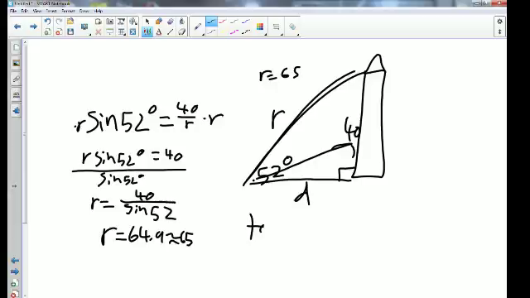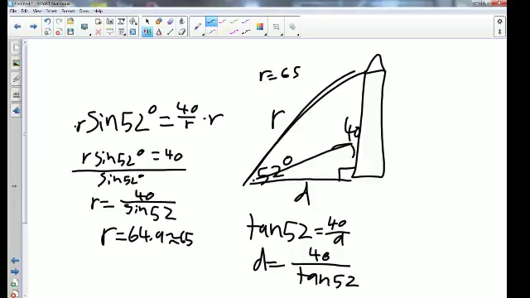So tan 52 degrees equals 40 over D. It's opposite over adjacent, tripping on acid. Then you do that same thing over here, which gives you D equals 40 over tan of 52. And you go back and plug that into your calculator.